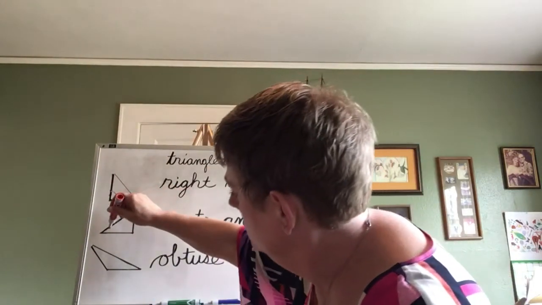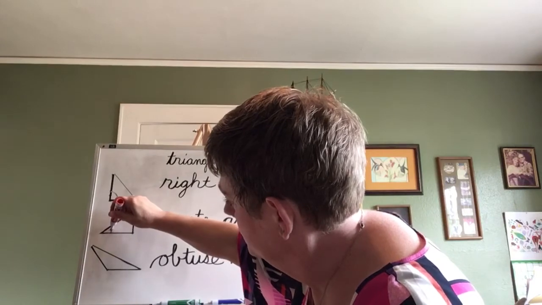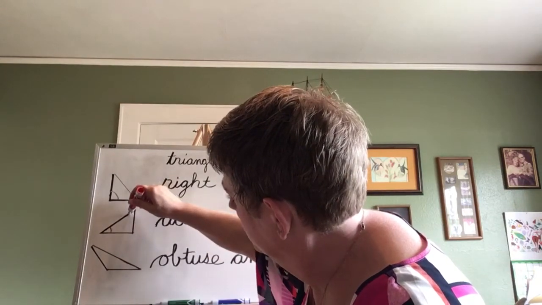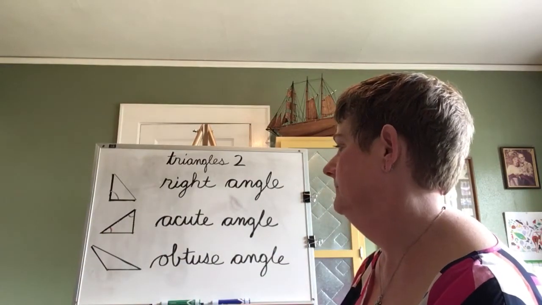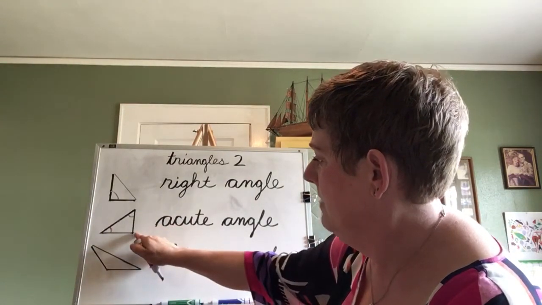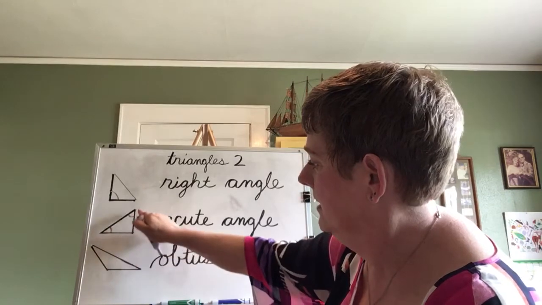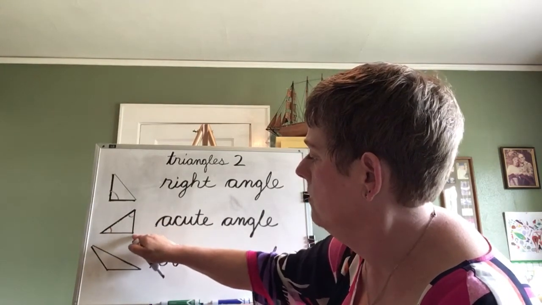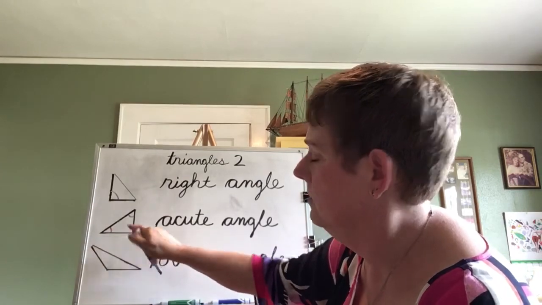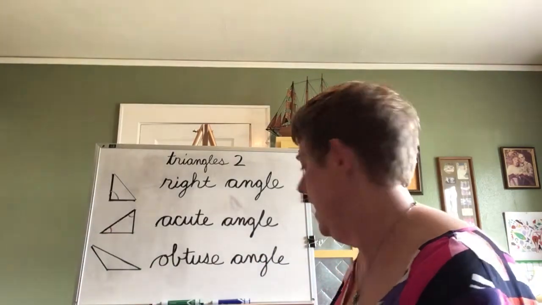Is it an acute angled triangle? There's an acute angle. There's an acute angle. Oh, no, that's not an acute angled triangle. Look, I made a right angled triangle out of it because any triangle that has one right angle, and here is a right angle, is a right angled triangle.